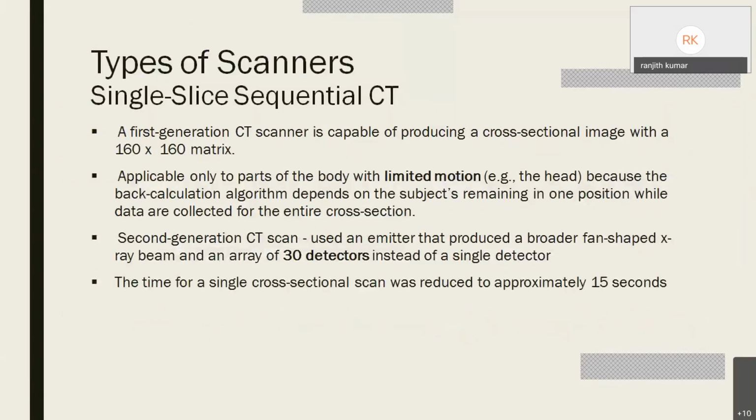Coming back to the types of scanners, in the first generation CT scan, there is a cross-sectional image of only 160 by 160 matrix, and this type of CT scan is applicable only for limited motion areas like the CT head or CT brain.